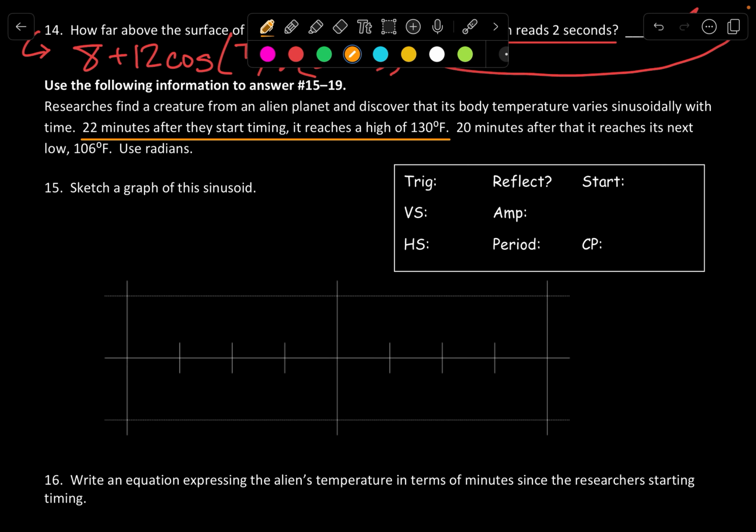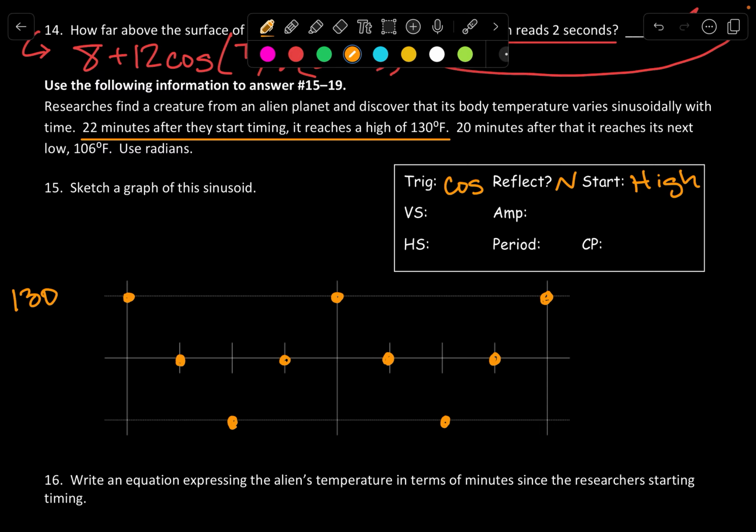We are starting at the highest point of 130. That means this is going to go high to low, back to high, back to low, back to high. The next thing it tells me is since this starts high, it is a cosine graph that has not been reflected.